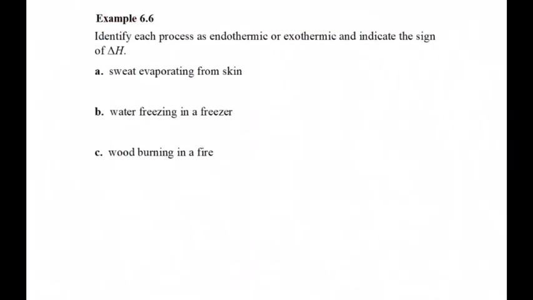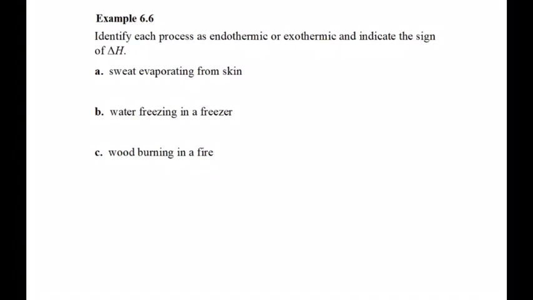So let's look at a few examples here. Identify each process as endothermic or exothermic and indicate the sign of the change in enthalpy, delta H. The first one says sweat evaporating from skin. First you have to determine which one is the system and which one is the surroundings, so that you can see how heat is being transferred.